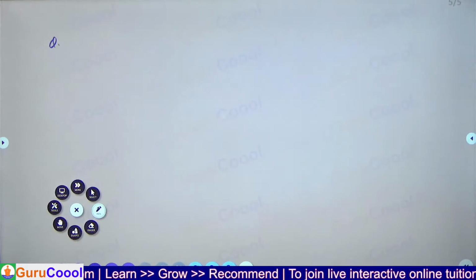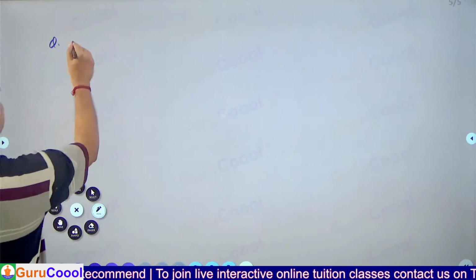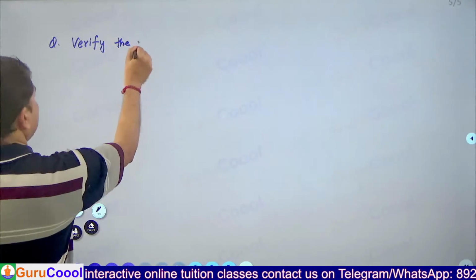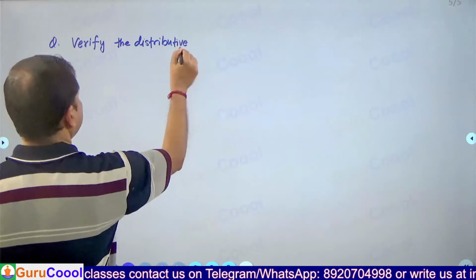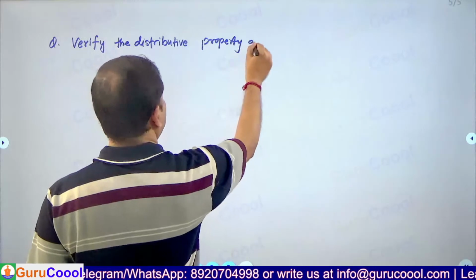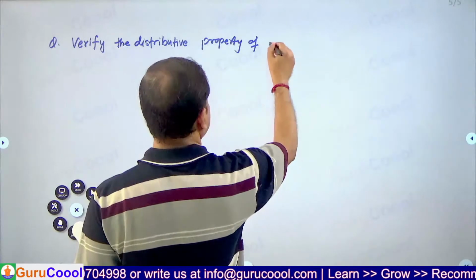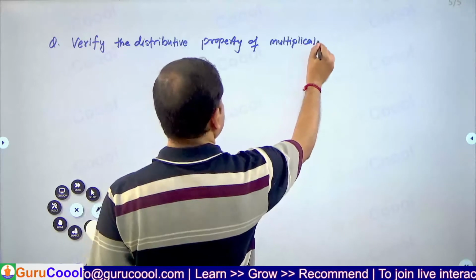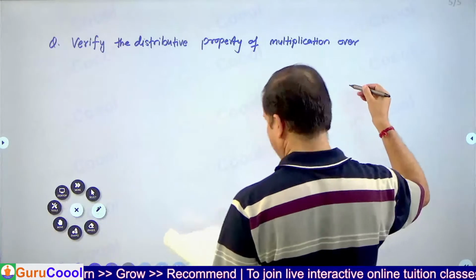Now you have to verify the distributive property of multiplication over addition.